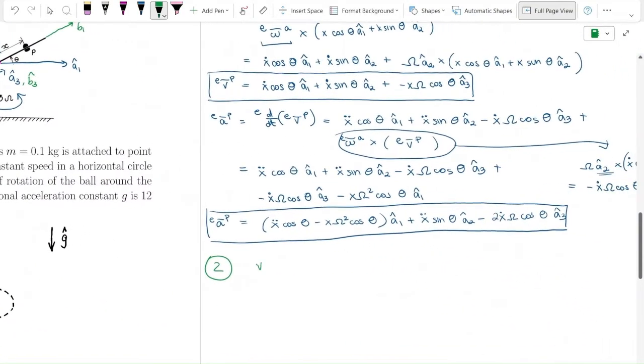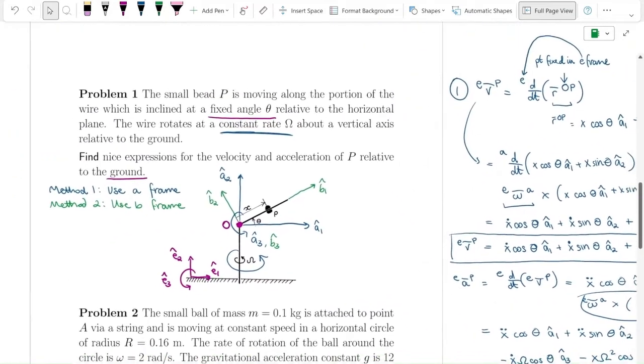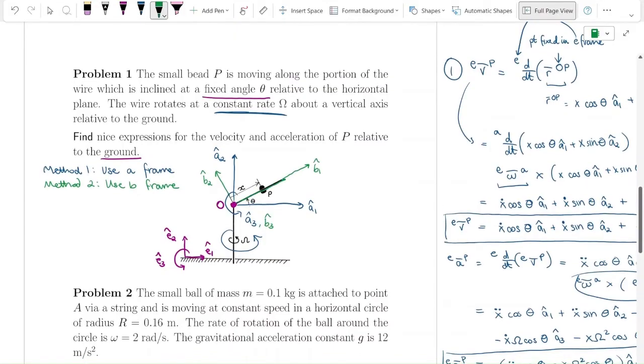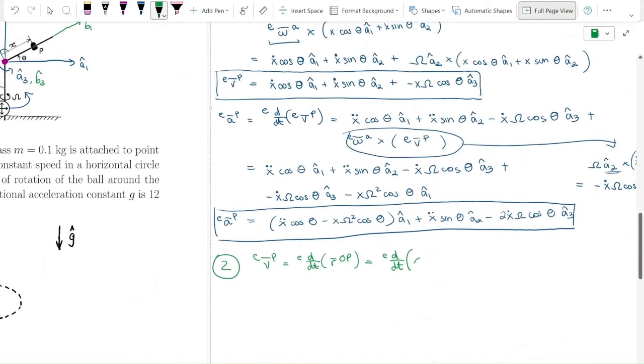So in this case, our position vector is just a distance x along the B1 hat direction, right? This distance in the B1 hat direction. So we have x B1 hat.